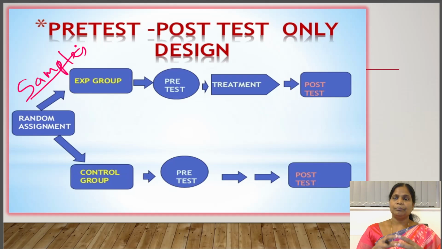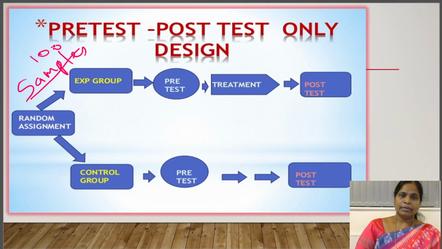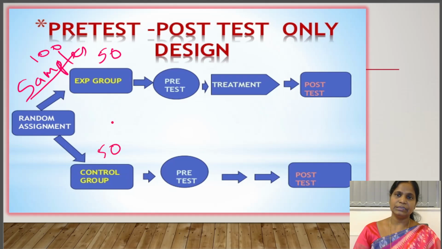For example, in the pre-test and post-test design, the sample might be 100, and among that we can take an experimental group of 50 and a control group of 50. This is just an example. You can take 200 or 300 according to the study you are doing, and divide it.